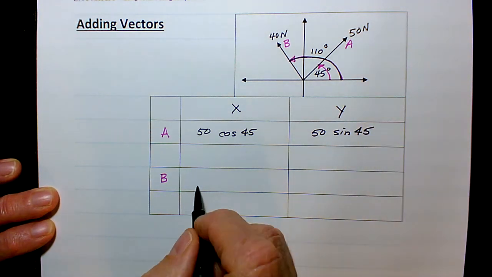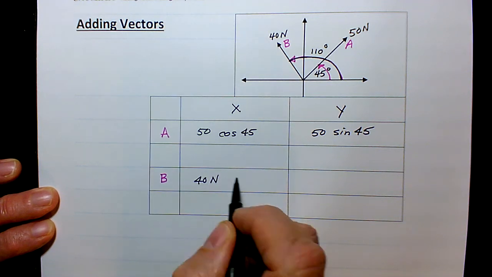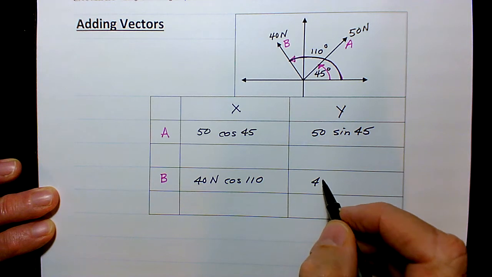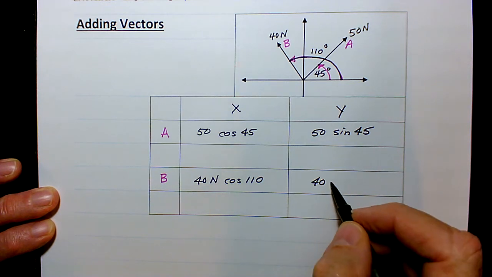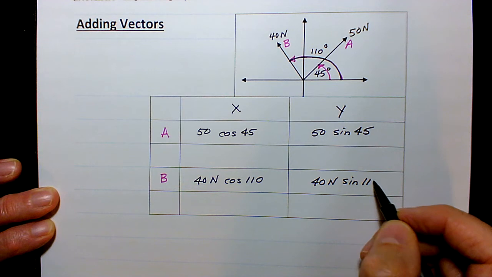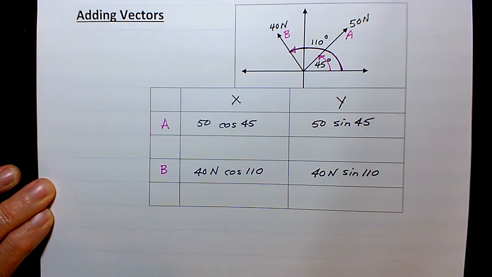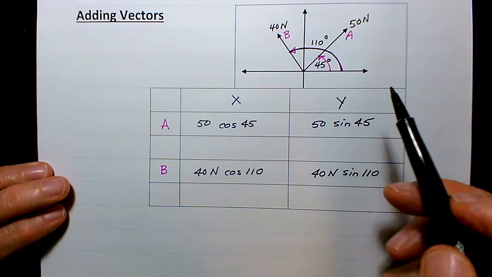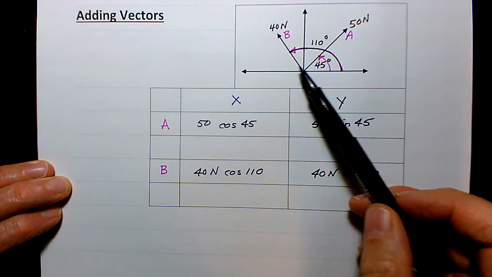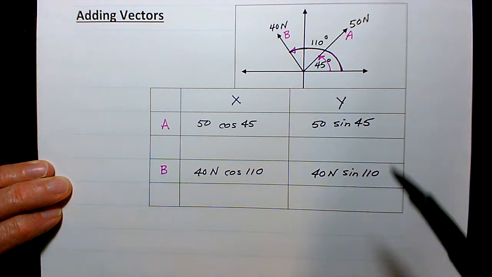Vector B is going to be 40 newtons cosine 110, 40 newtons sine 110. And by using the standard angle, in other words, the angle between 0 and 360 instead of the reference angles. Reference angles range between 0 and 90.